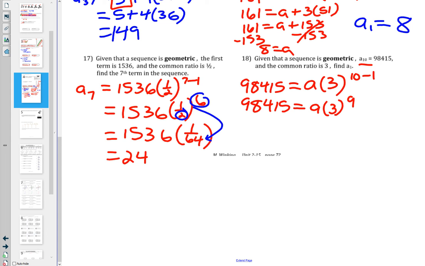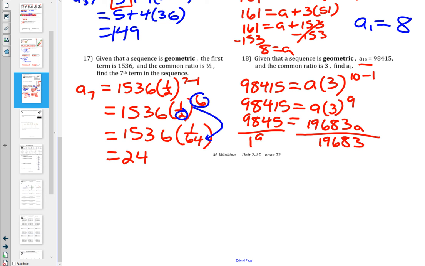It's going to be a big number. That's not too big. 98,415 is equal to 19,683 A, divided by 19,683. Oh, I forgot a 1 here. So 98,415 divided by 19,683.